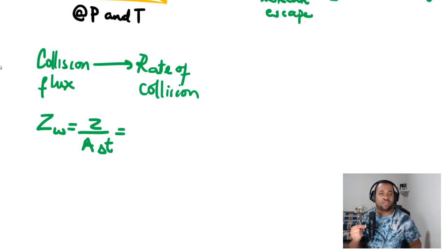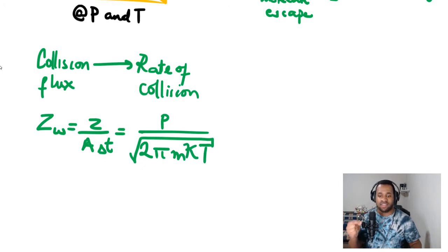And this is equal to the pressure all over the square root of 2 pi multiplied by the mass, and then our K, the Boltzmann constant, multiplied by temperature.